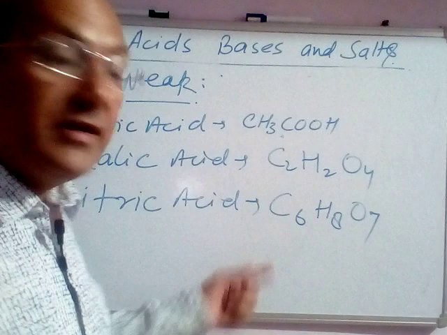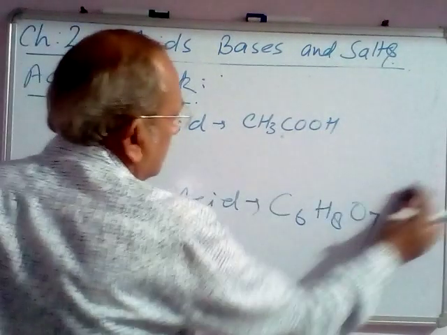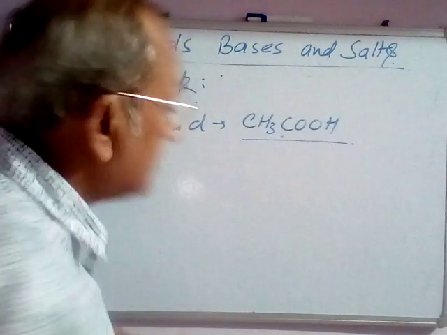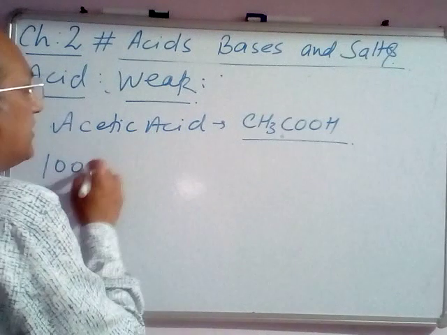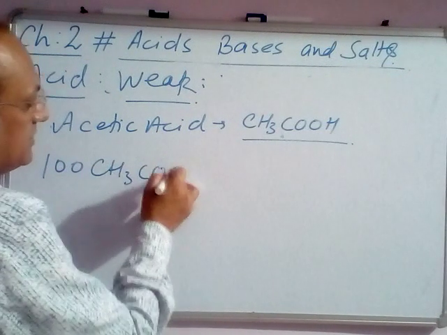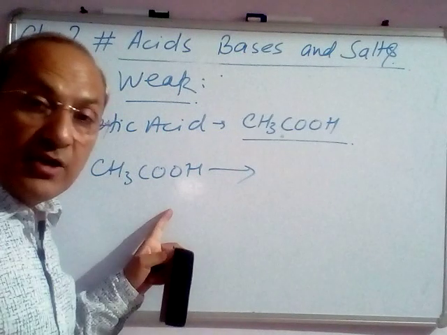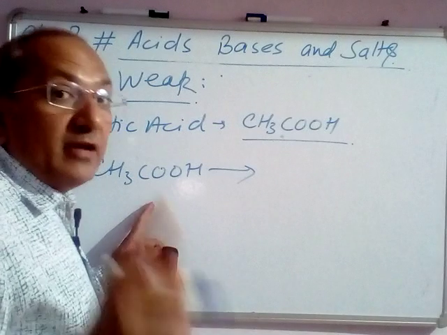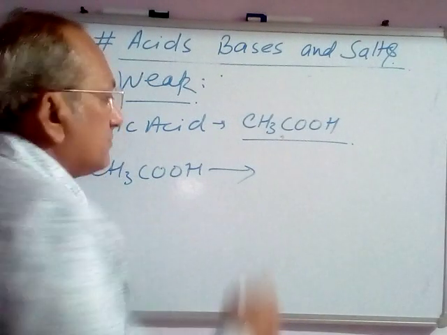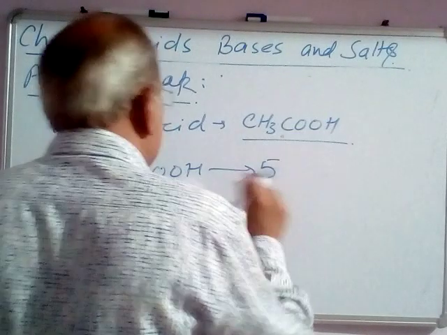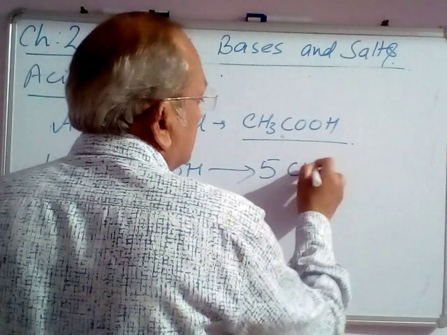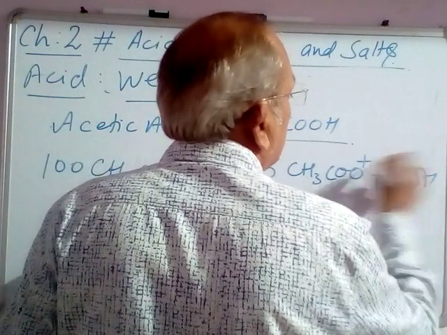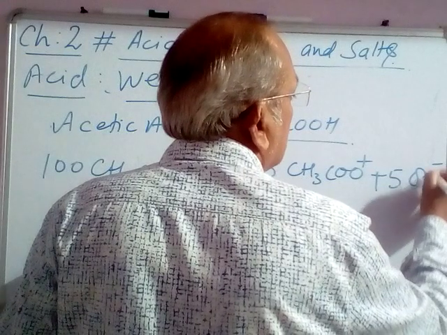So why is it called weak acid? We have taken the example of acetic acid for weak acid. If we take 100 molecules of CH3COOH, these molecules do not break down into total ions. It gives only 5 CH3COO minus plus 5 H plus ions.